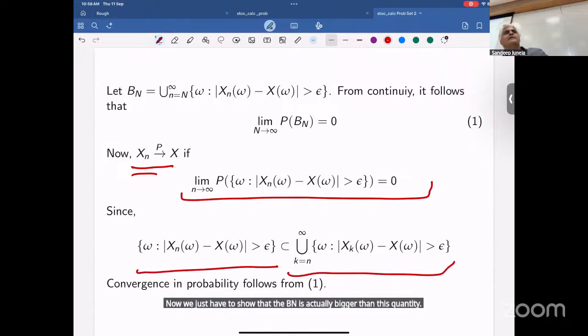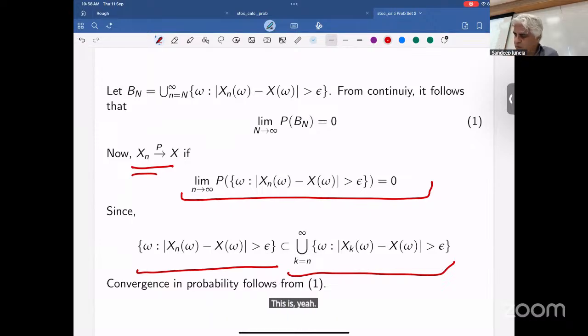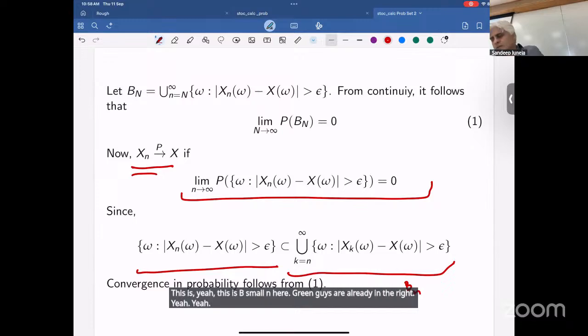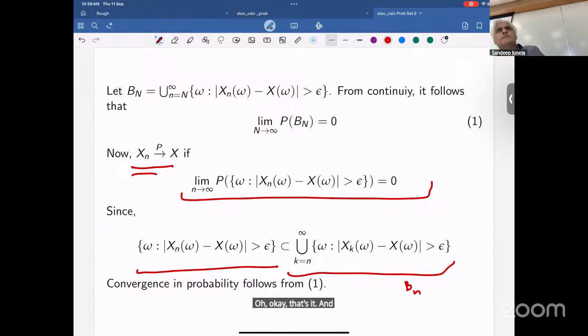It's a union of all the sets. This is B small n here, and this is true for all n.